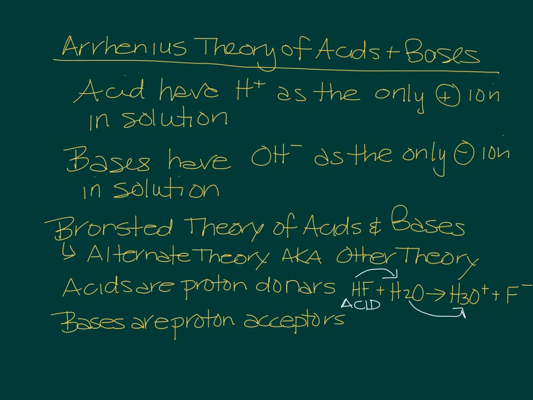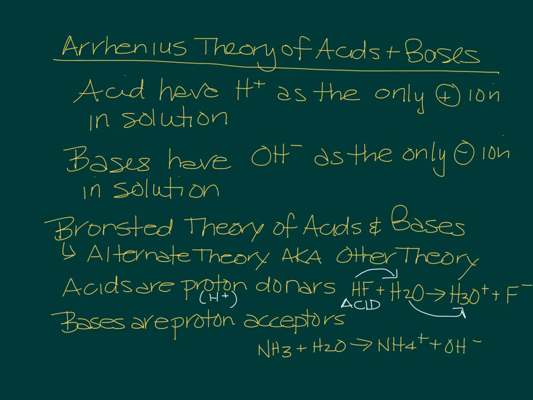Well, you might say, Ms. Nielsen, it's not donating a proton, it's donating H. But if you look at H on your reference table, it only is one proton. It has no electrons. So it says acids are proton donors, so in theory it's saying H donors. An example of a base might be NH3 plus H2O yields NH4 plus OH minus.